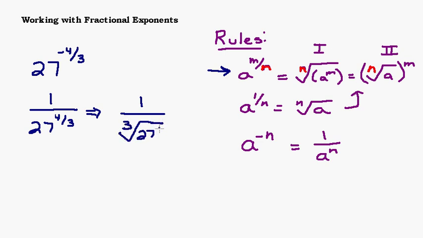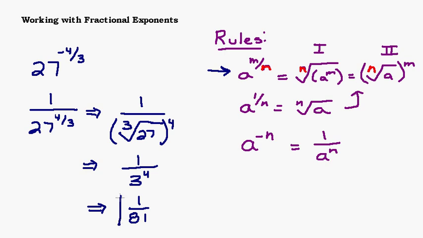I can either put the 4th power on the 27 or outside. I'm going to go ahead and put it outside because the cube root of 27 is a nice number. Most of the time this is how it's going to work. The cube root of 27 is 3. Then I take that to the 4th power, which is 81. So my answer is 1 over 81.